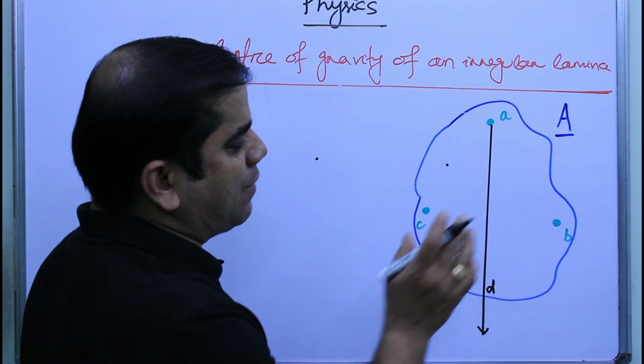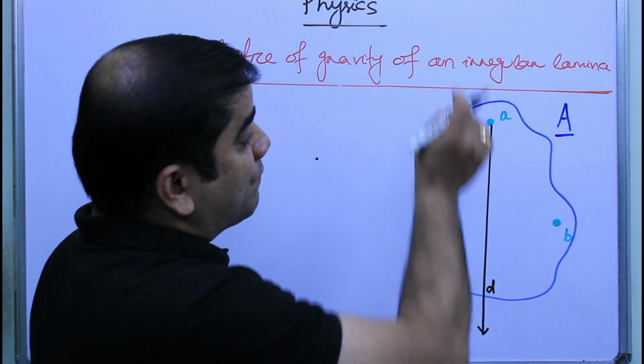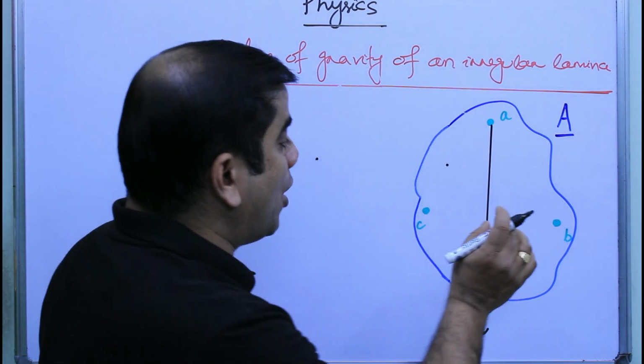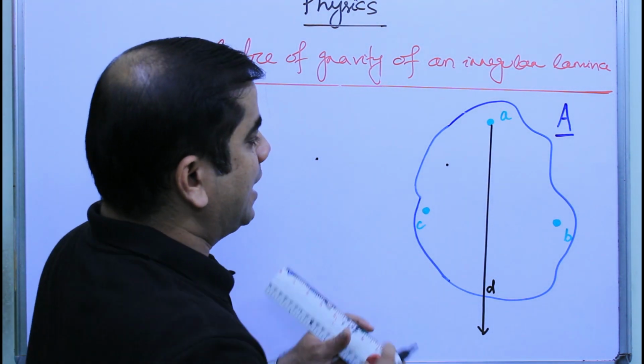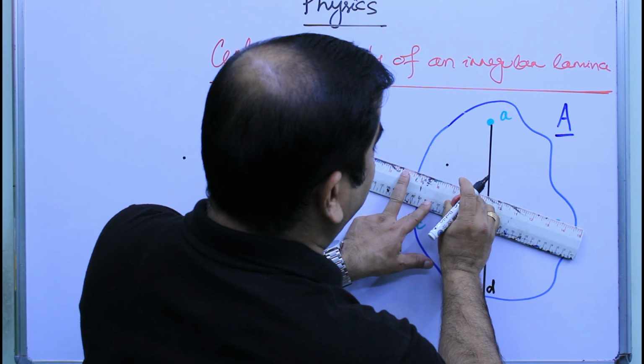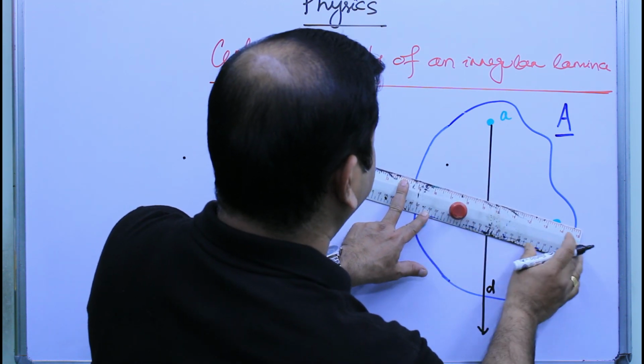In the same way we can find the vertical lines from points B and C. So we need to repeat these procedures. Okay, so we get the vertical lines like this.